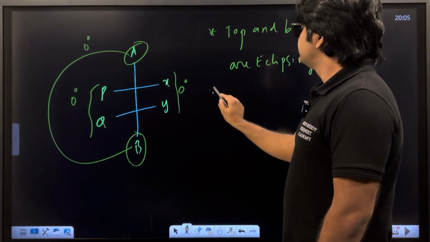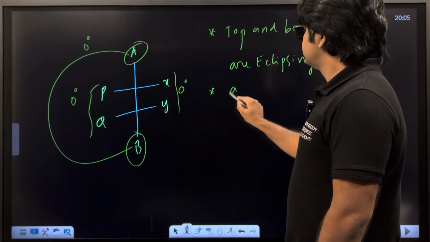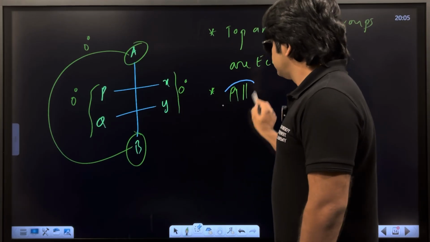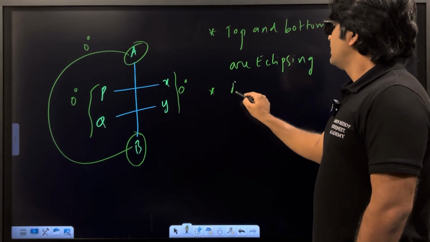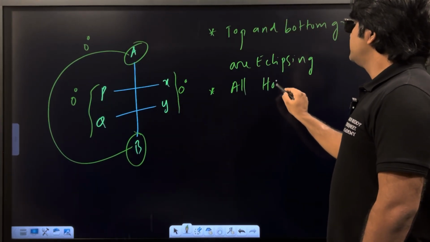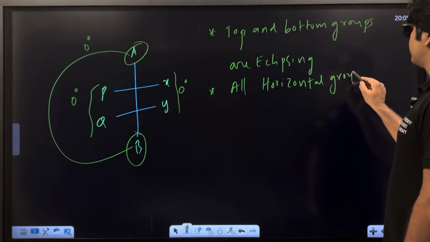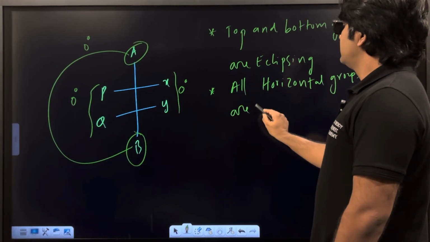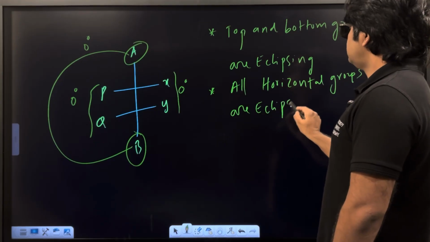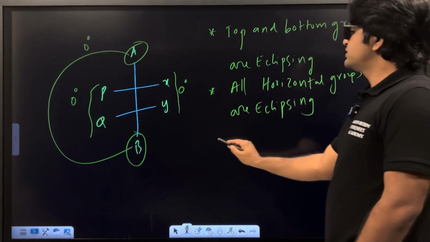Come to the second point: all horizontal groups are eclipsing.